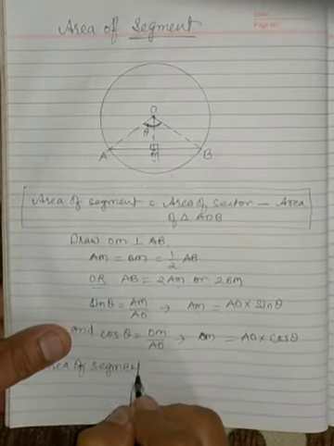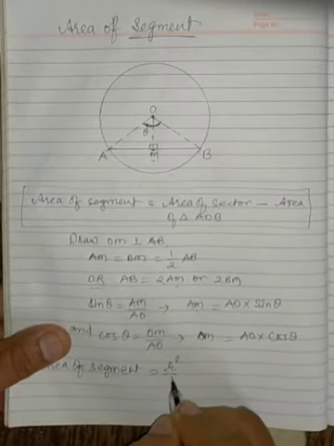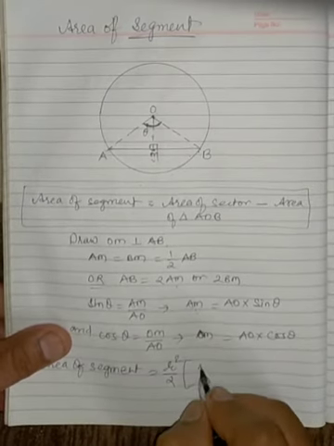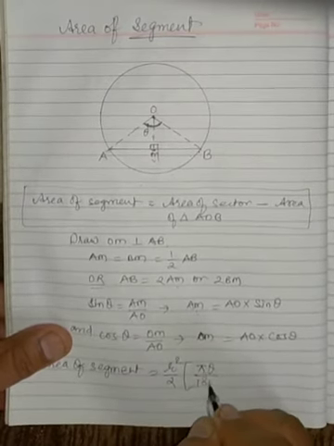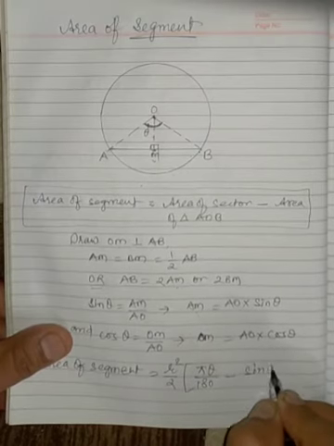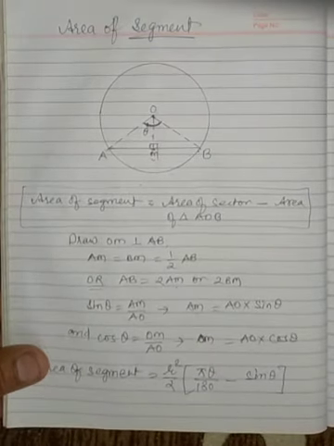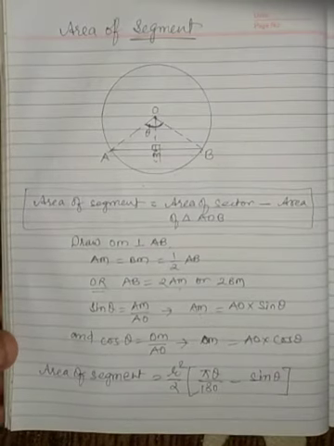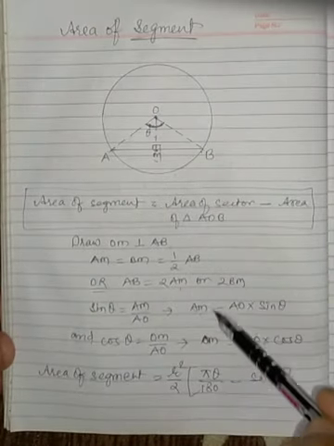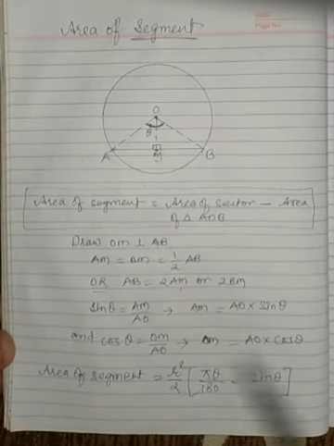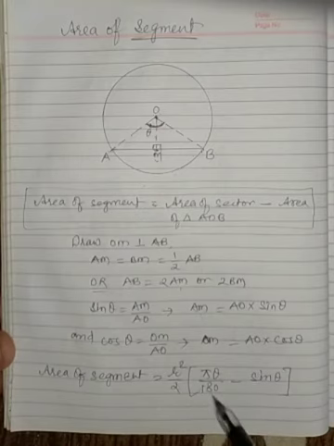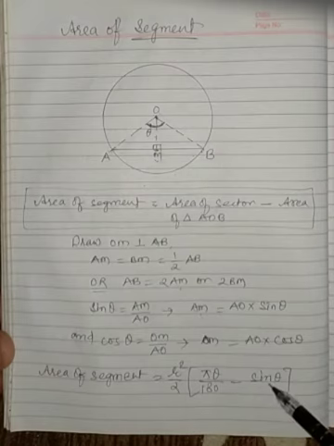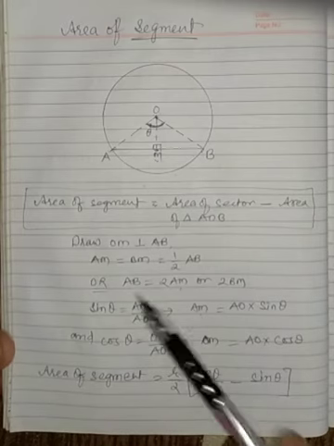Area of segment is equal to r squared upon 2 into the bracket pi theta upon 180 minus sine theta, which is a shortcut formula for the area of the segment. So either you can find the area of the segment by doing all these things, or you can find it by applying this formula, in which the radius is already given in the question, theta will always be given in the question, and using that theta we can find the value of sine theta from 0 to 90 degrees.